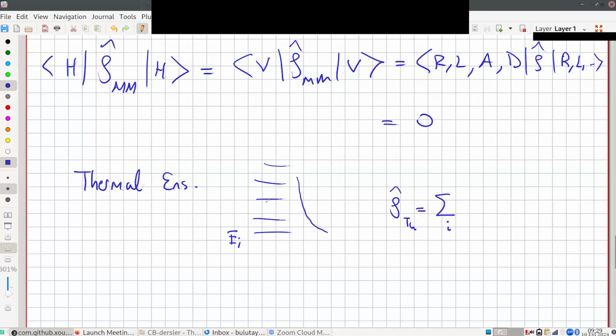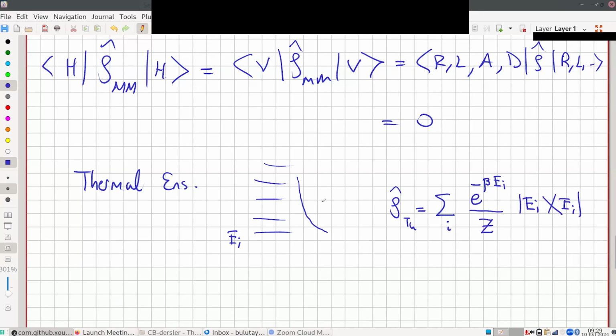Say these are discrete, and the weight is the Boltzmann factor, e to the minus beta E_i, where beta is 1 over k_B T, divided by the partition function for normalization, in the energy basis. This is a thermal state.